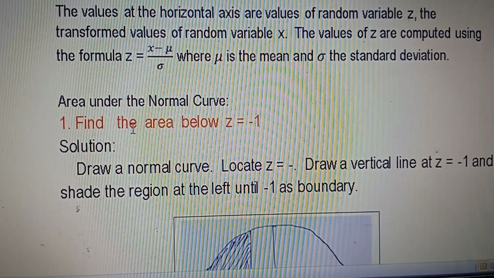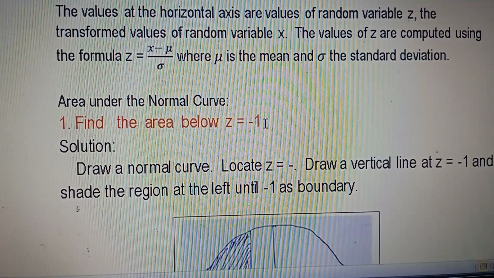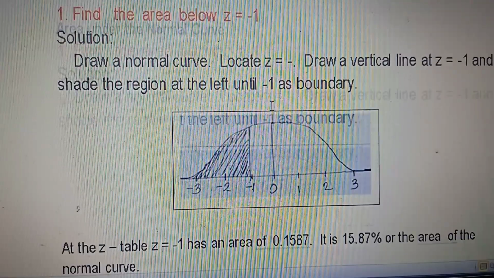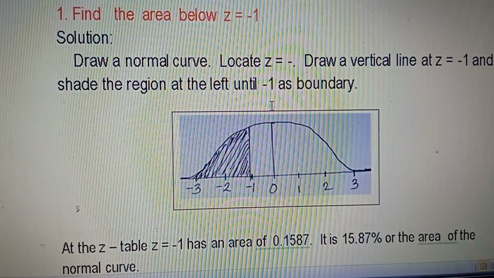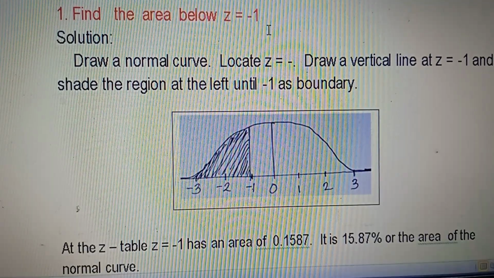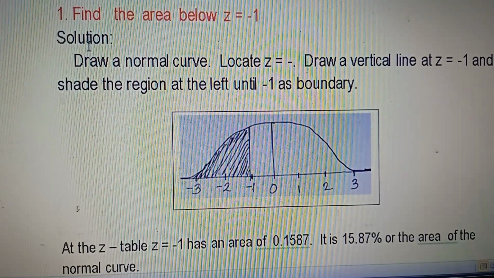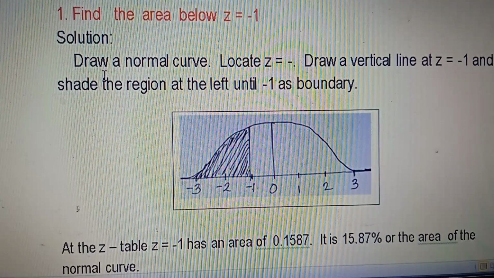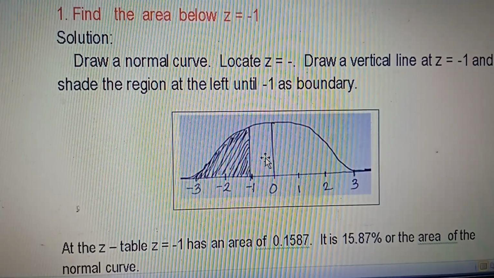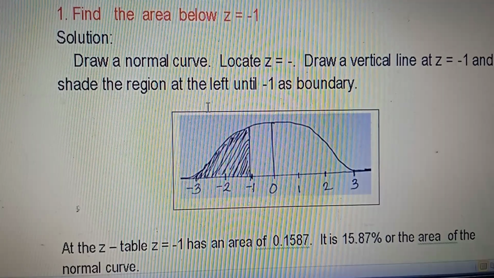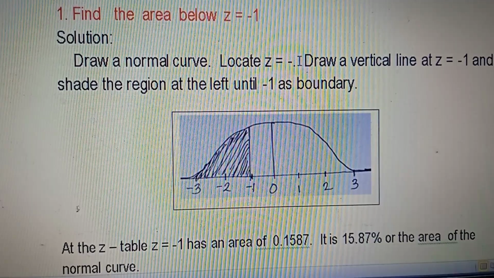Number 1, find the area below z equals -1. Solution: let's draw a normal curve like this. Locate z equals negative 1.